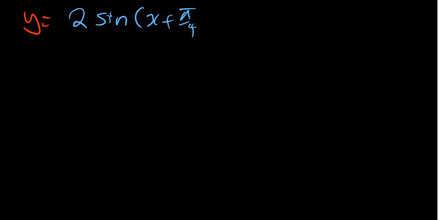Let's say we have y is equal to 2 sine (x plus pi over 2). Here we have also 2. What is the period? Let's do fast. Oh, yeah, sorry. What's the amplitude? Let's start with the amplitude.